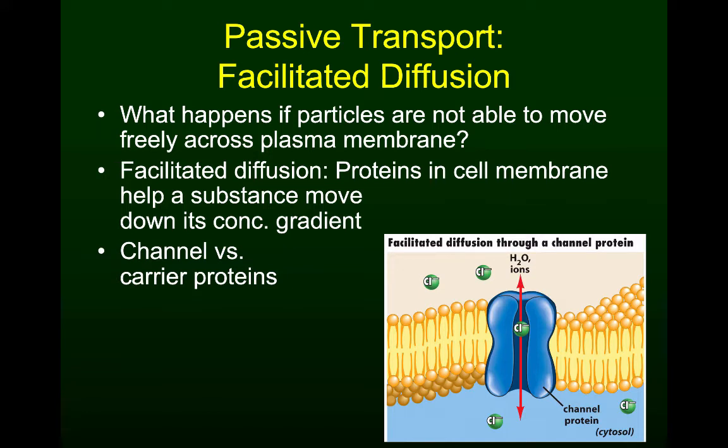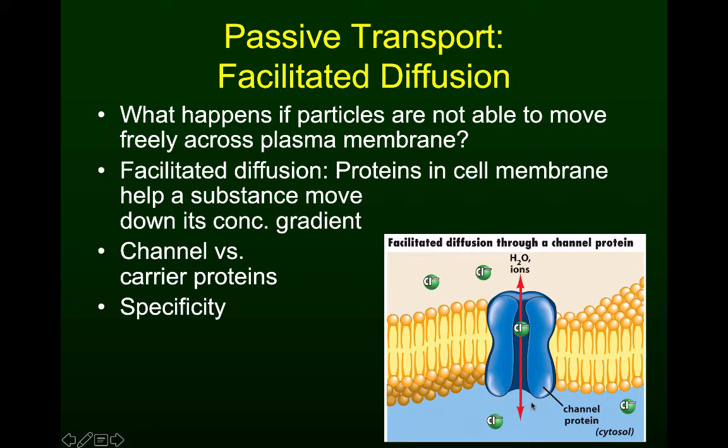And we're going to be using one of two types of proteins here, either a channel protein or a carrier protein. Now this picture looks a lot like a channel protein because we just have basically a gateway for chloride ions to go into a cell or out of a cell based on which side of the membrane has more chloride ions. So going with the flow still, right? So this is just like a doorway where things can go out of a cell or into a cell based on the concentration gradient.